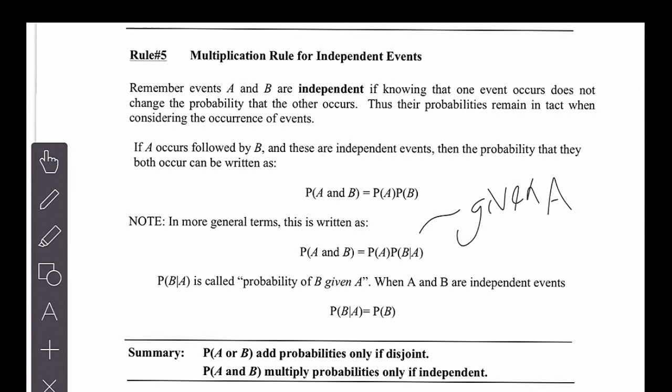Events are independent. If someone tells you they're independent, you have enough information that you could assume they're independent.